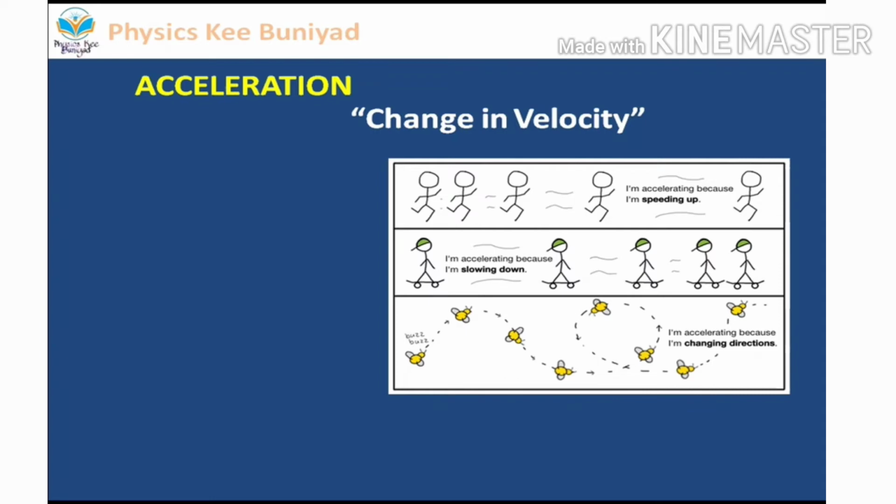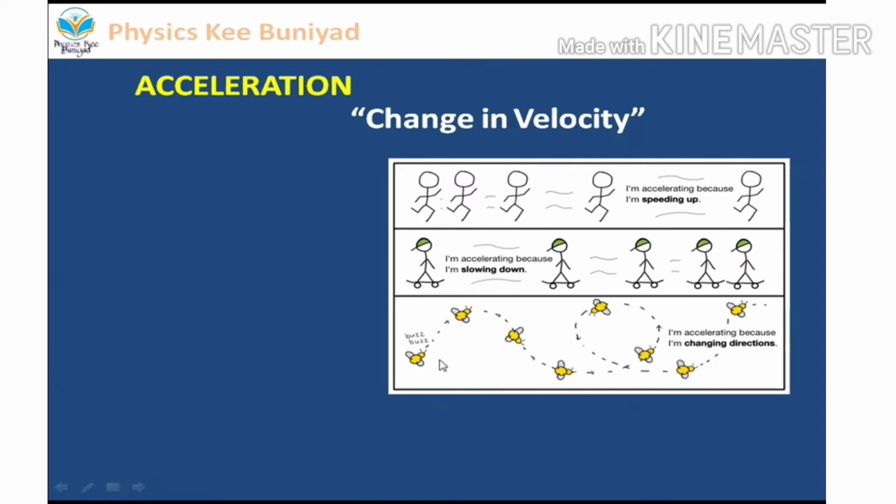In the second case, a cartoon is slowing down, so its speed is decreasing continuously. It is also accelerating, because the velocity is changing. In the first case the velocity was increasing, but in the second case it is decreasing.